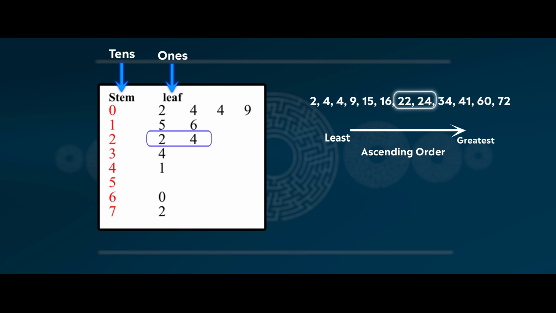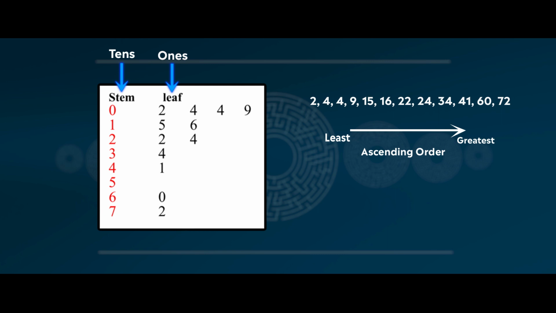You have the numbers 22 and 24, so you have 2 in the stem. For 22 you will write 2, and for 24 you will write 4. The third, you have the number 34. You will write 34 in the third stem, which is 30, so you will write the numbers from 30 to 39 in this one. Alright, in a similar way, you will put the other numbers in the stem and leaf plot.